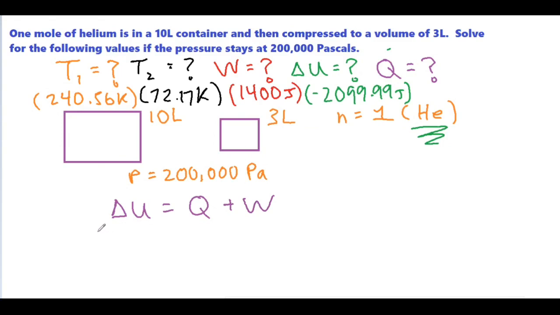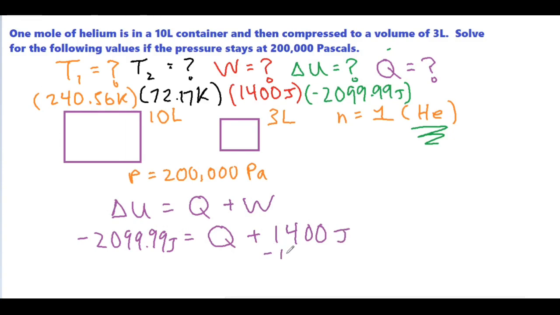So we have a delta U of negative 2099.99 joules on this side. We do not know the Q value, and we know the work value is 1,400 joules.